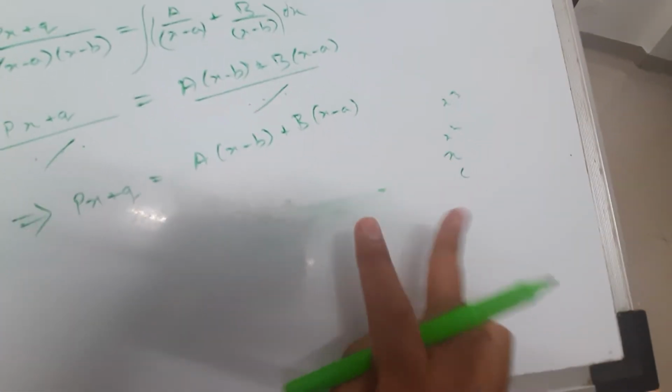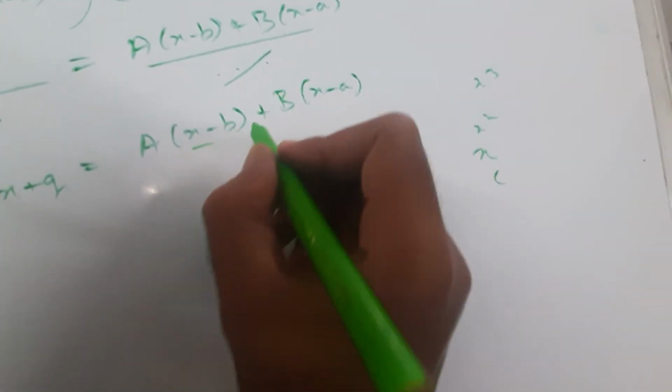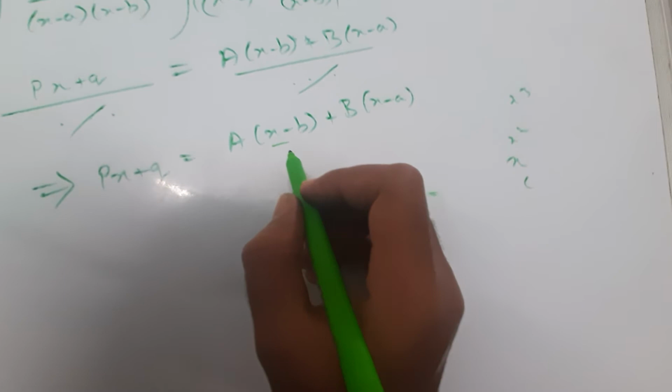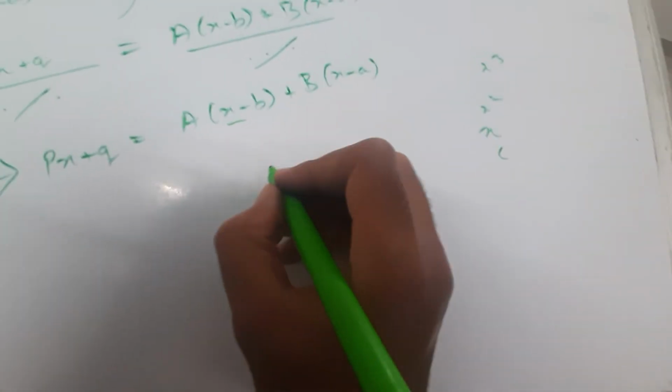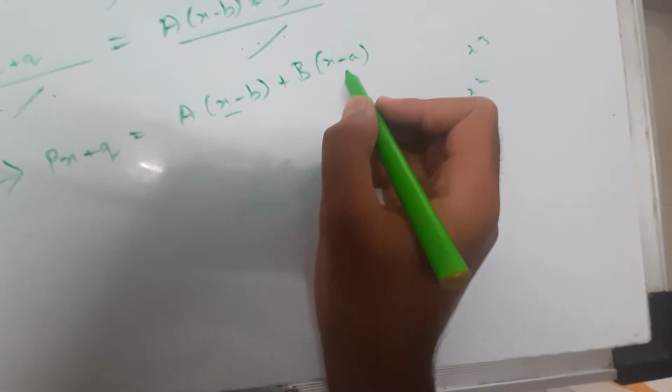The other thing you can do is substitute values for x everywhere. How you substitute depends on a and b.